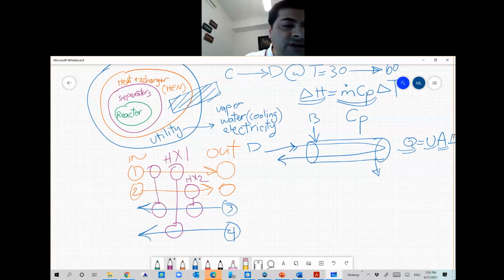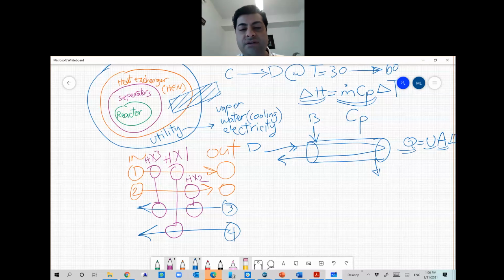So then you end up with a heat exchanger, for example, number 3, where stream number 1 and stream number 3 are matched. The design of this heat exchanger network is a subject of heat integration in process design, including in biomass conversion. So there are different techniques. One technique is the pinch technology method or pinch analysis that today we are going to discuss.